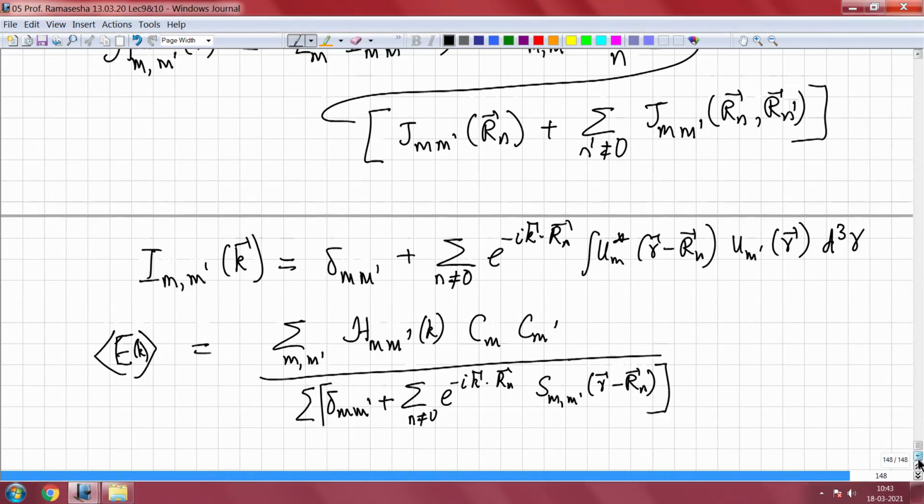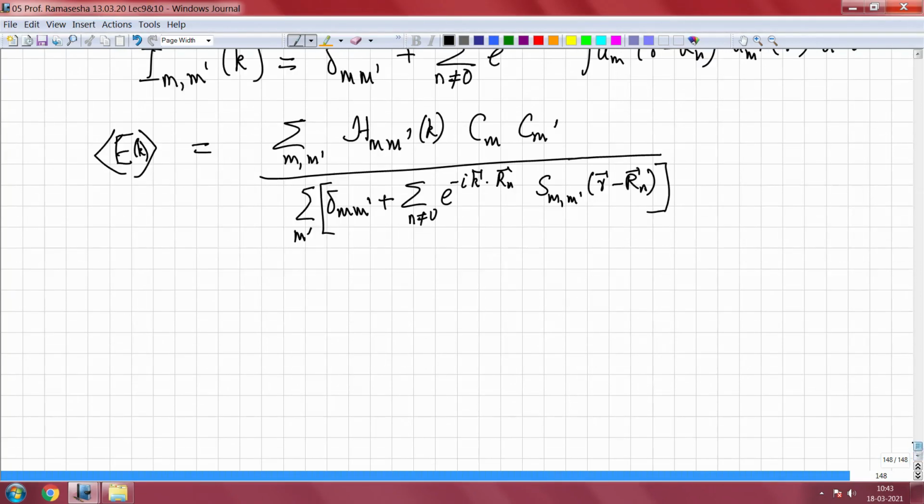So if we have this, it is quite simple that minimizing just as in any variational calculations.